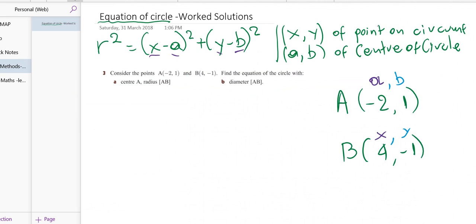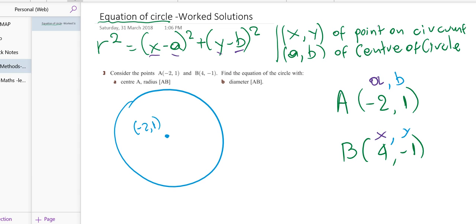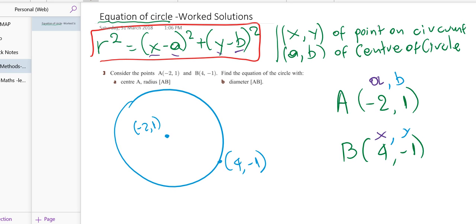So this is my center, with -2, 1 coordinates, and this is my B with 4, -1 coordinates, and I need to substitute into this formula and solve it.